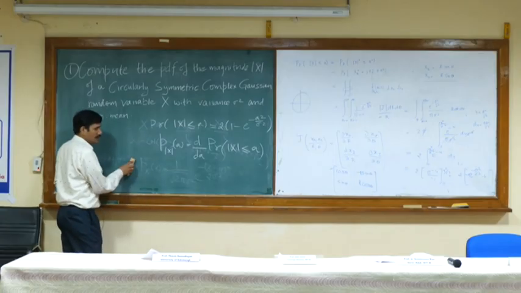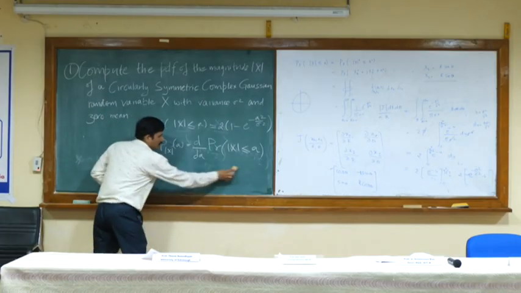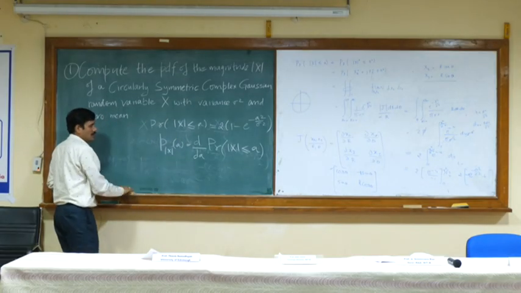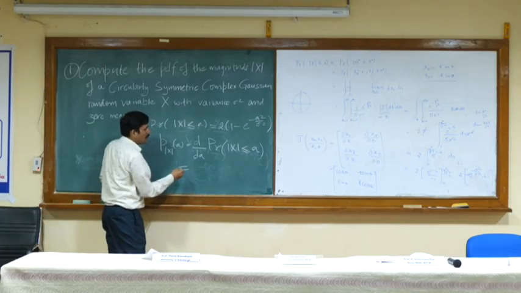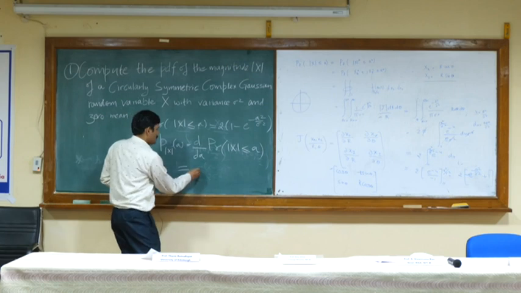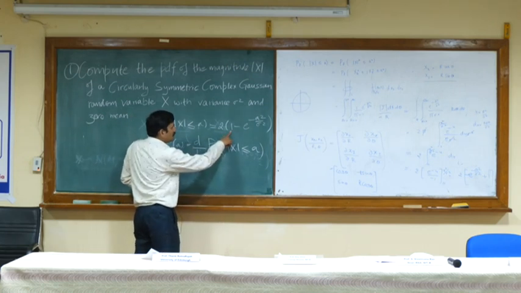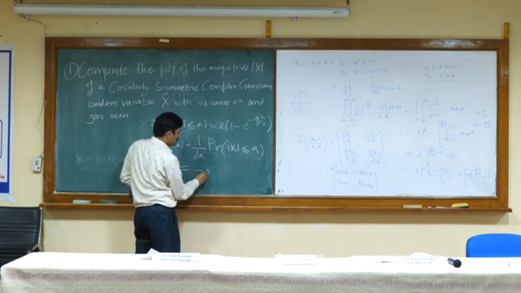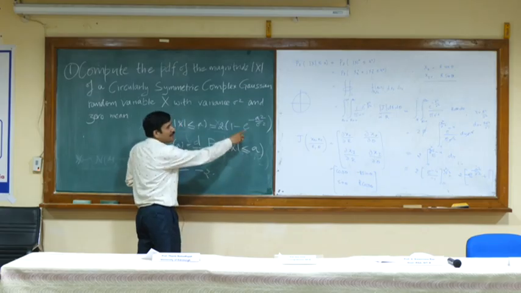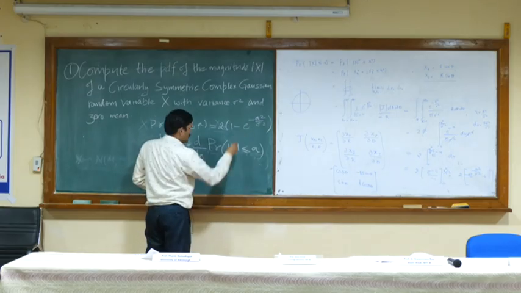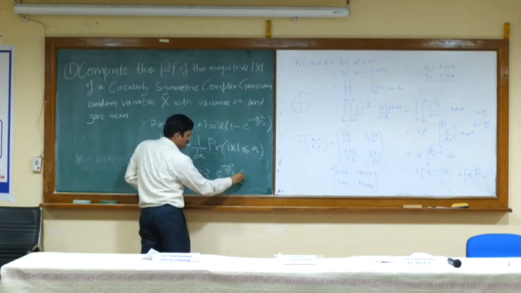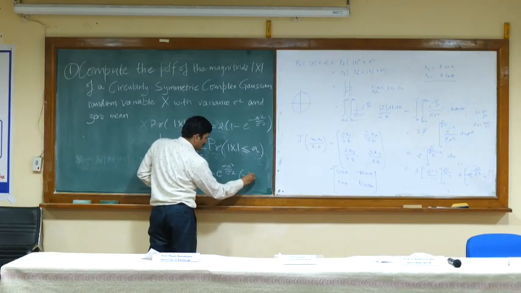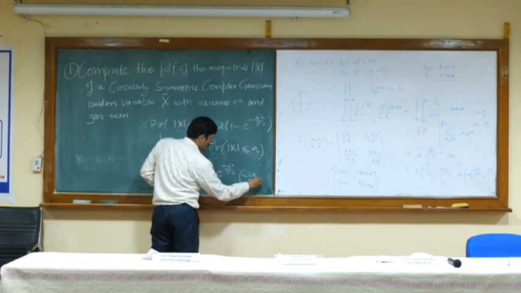Is this visible? So I will get, this part will become 0, then minus 2, then I am differentiating this. So e to the power minus a square will remain as it is, then I will get another factor, minus 2a divided by sigma square.